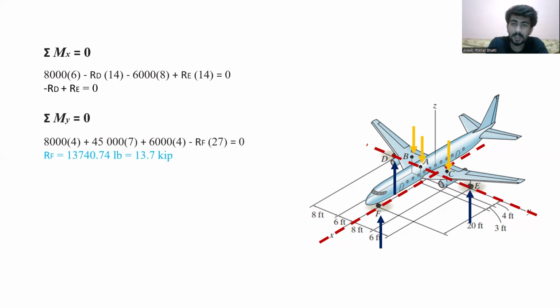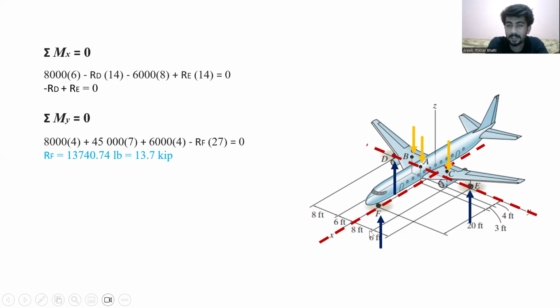So through this, I get 8,000 pounds with a perpendicular distance of 4, acting at point B. I have 45,000 pounds, which is acting at point A, and it has a distance of about 7 feet. Plus, I have 6,000 pounds, which is acting at point C, and I have a distance of about 4 feet.